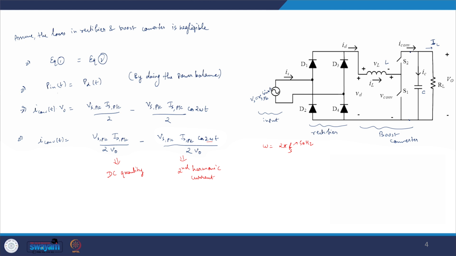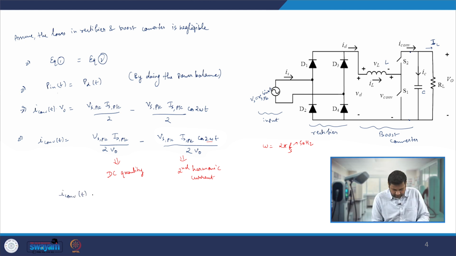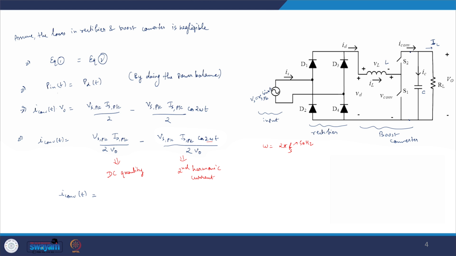Now if we see very carefully, this I converter consists of a ripple and the DC quantity, while since this I converter is going into the parallel branch of capacitance and resistance, the second harmonic component will be flowing through this capacitor, while the DC component will be going through the load.